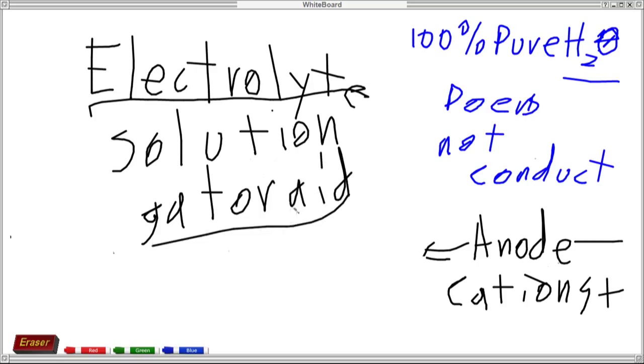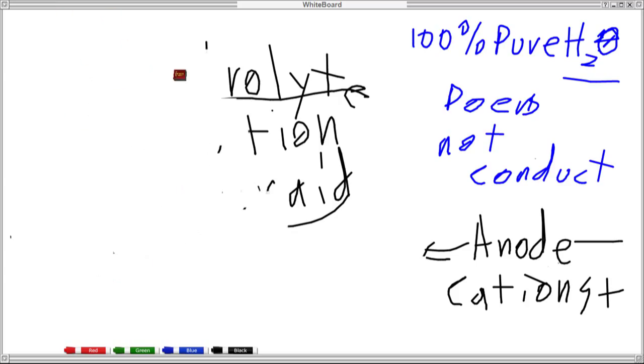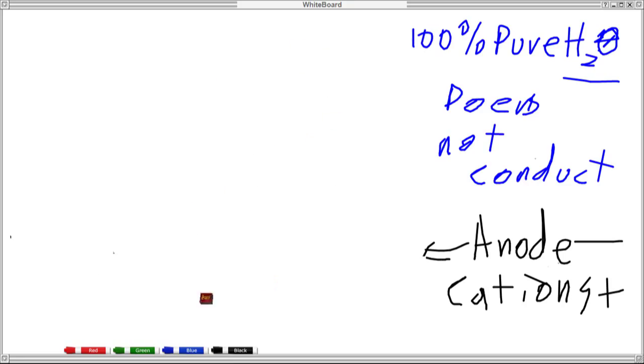I don't know if you spell it that way, but the reason why is because Gatorade and all these sports drinks, a lot of them contain electrolytes. As a matter of fact, a lot of drinks contain electrolytes nowadays.